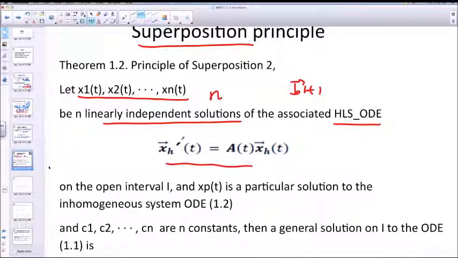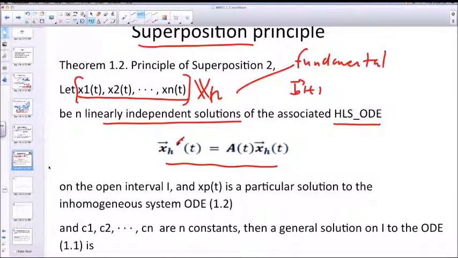See, we don't have b(t), and this is homogeneous. And we know how to do that from the last lesson. When you put this together, you remember we call it X_h, a fundamental solution matrix. That's what we learned in the last lesson.